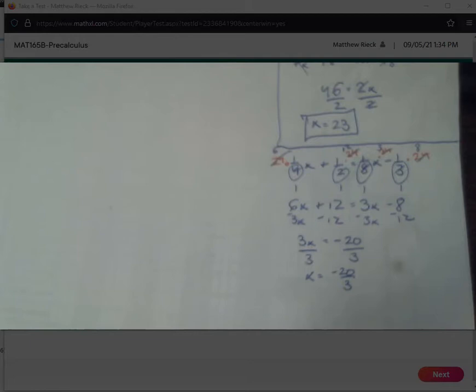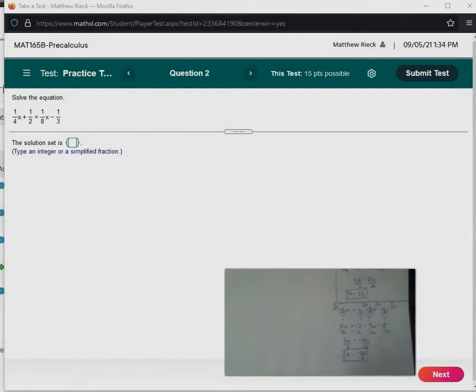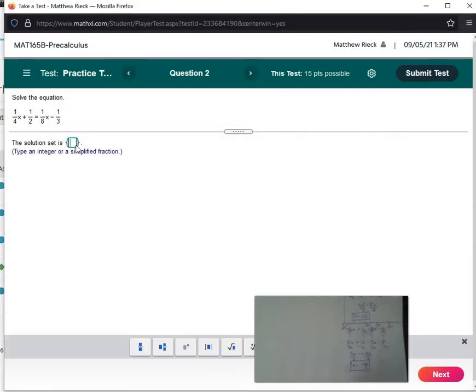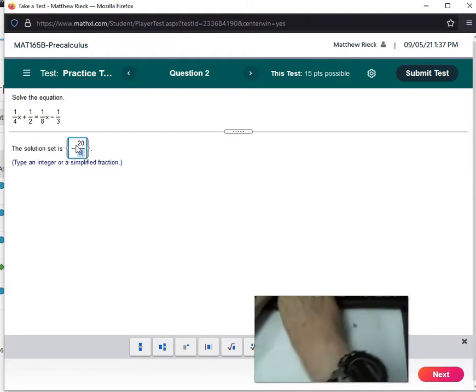And on the right we have 1/8 times negative 20 over 3 minus 1/3. And we get negative 7/6 again. So that checks out. So that is going to be my final answer: negative 20 over 3.